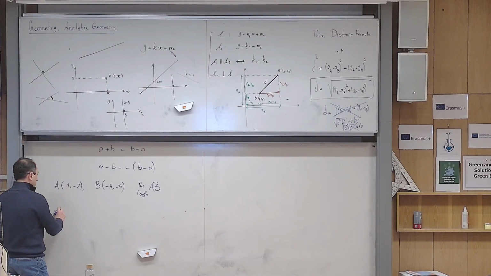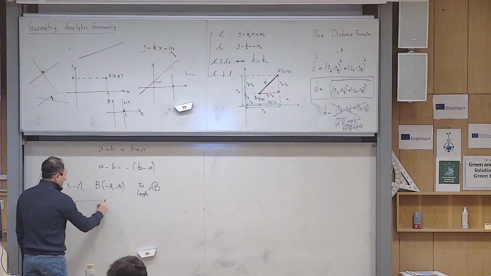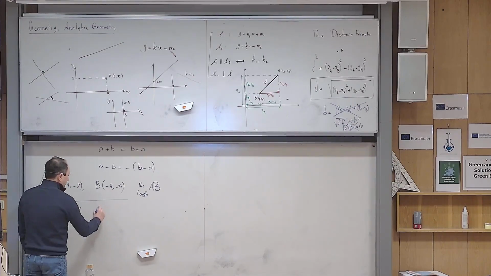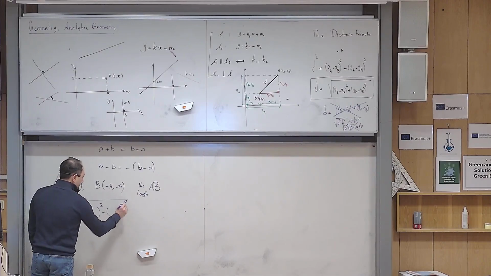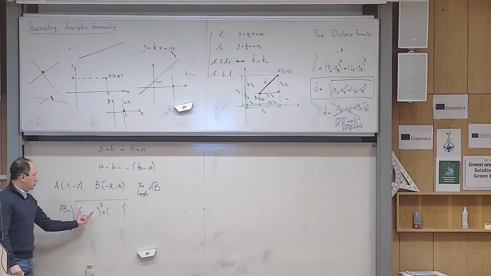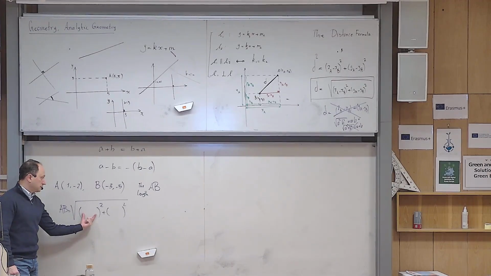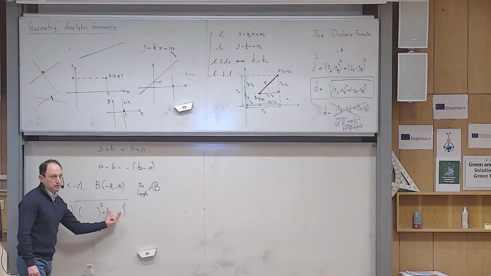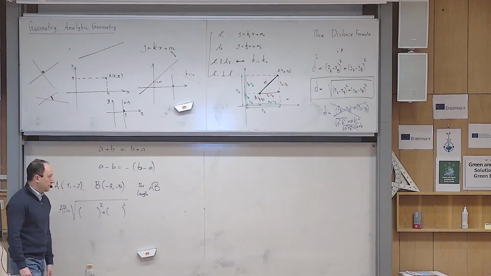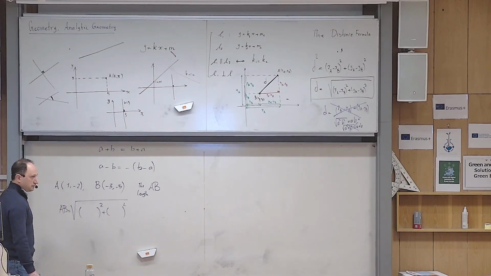So what you do, you write AB, for example, is equal to square root of, you have to fill up this formula. Yes? So what do you write here? You write the difference between the x coordinates. What do you write here? You write the difference between y coordinates. I recommend you don't do it in your head, okay?